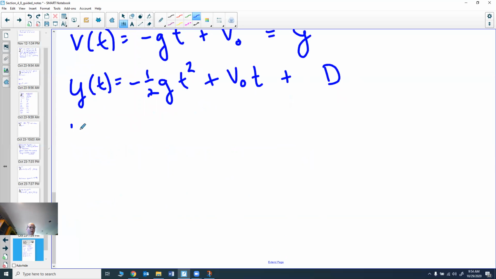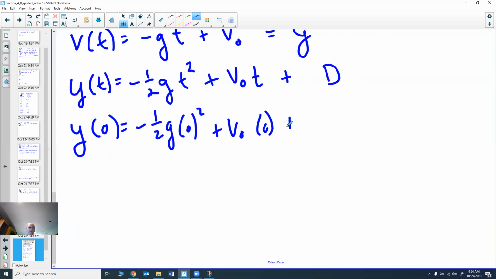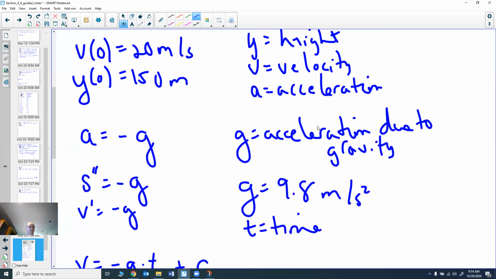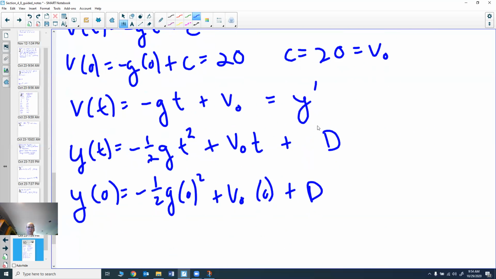And again, we can find that because we know the height at time 0. The height at time 0 means you put 0 in everywhere you see a t. And that was equal to 150 meters. So that tells me d is 150 meters.